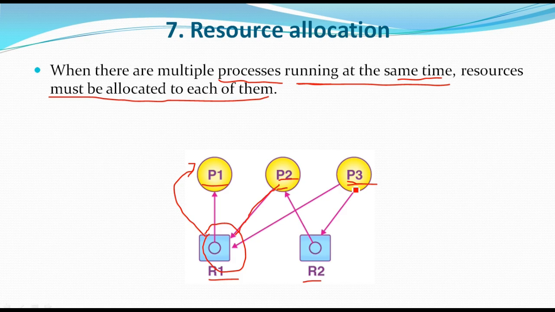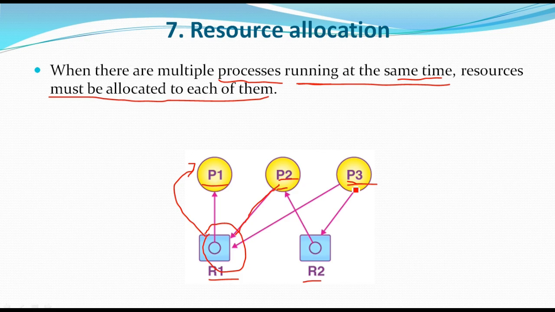If we are using the shortest job first algorithm, we check which process has the lesser execution time or burst time, and based on the burst CPU time we allocate the resource to that process. In detail, in coming lectures, we will discuss resource allocation and CPU scheduling.